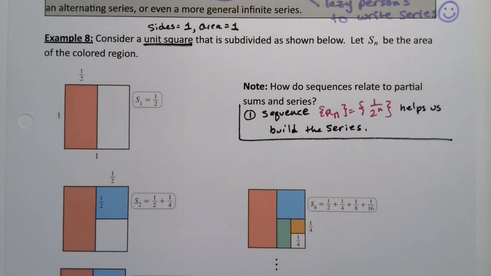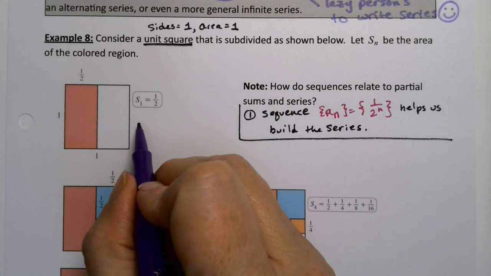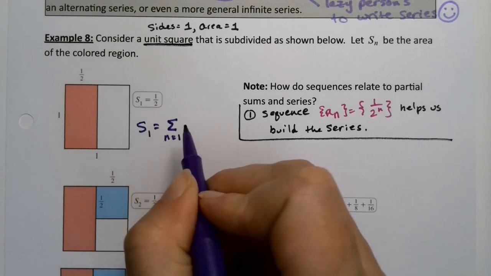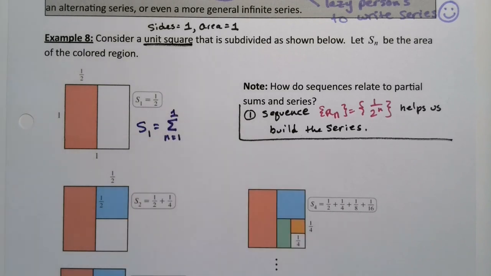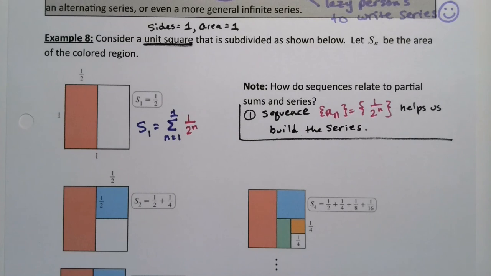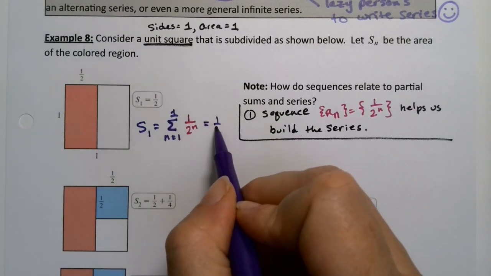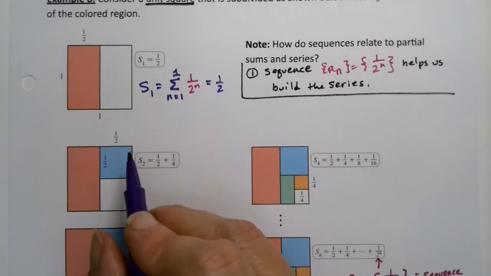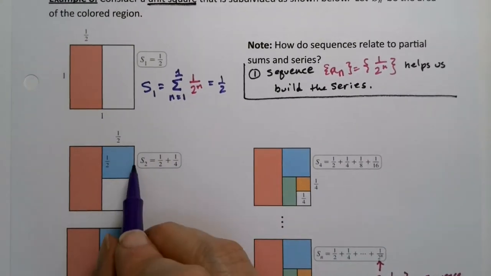So if we look at the first one, S sub 1 is saying, hey, start at n equals 1, but end at n equals 1 for that sequence, 1 over 2 to the n. And what would you have? Well, you'd have a half. What about this one? S sub 2. So add up only the first two.